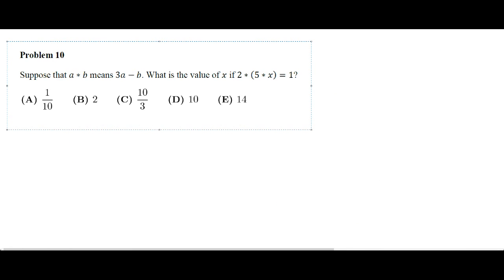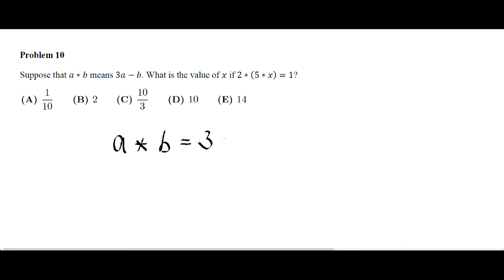For the next problem, they define a new operation. You don't care what it looks like; you just follow the definition of this operation. I just want to rewrite it. A star B is what? 3 times A minus B. Like this way, they just define. Just using some examples, you try to evaluate.